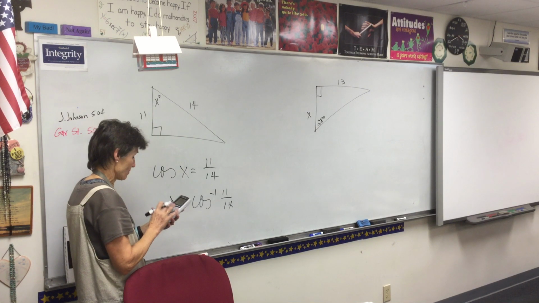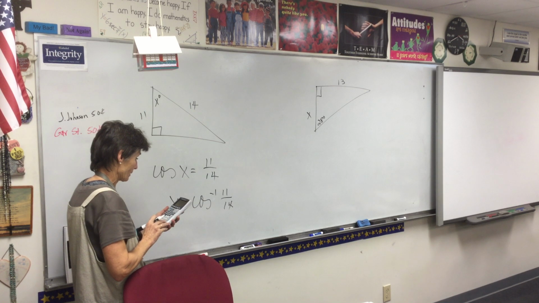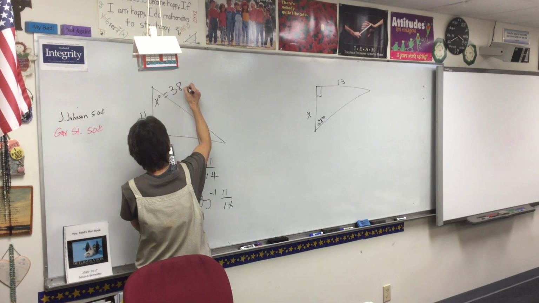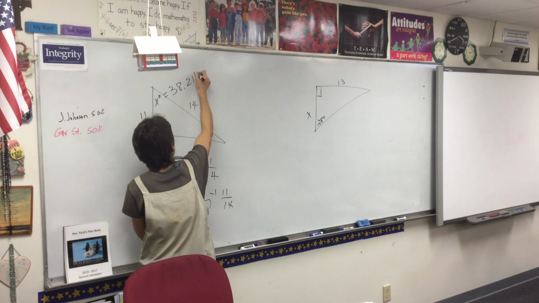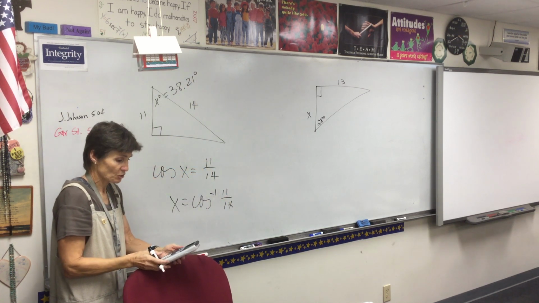It doesn't say how to round. All right, did you get 38.21 degrees? I'll just round off to the nearest hundredth. Is that what you got? Yeah, that's your angle.